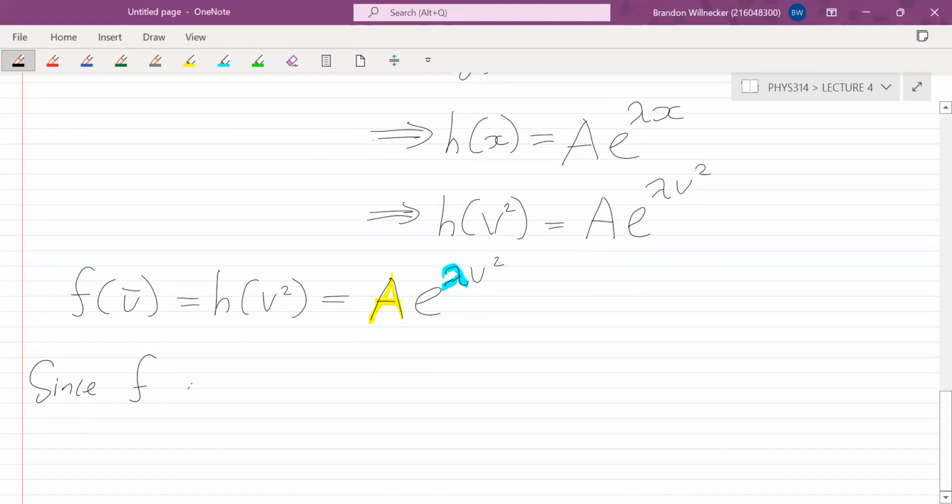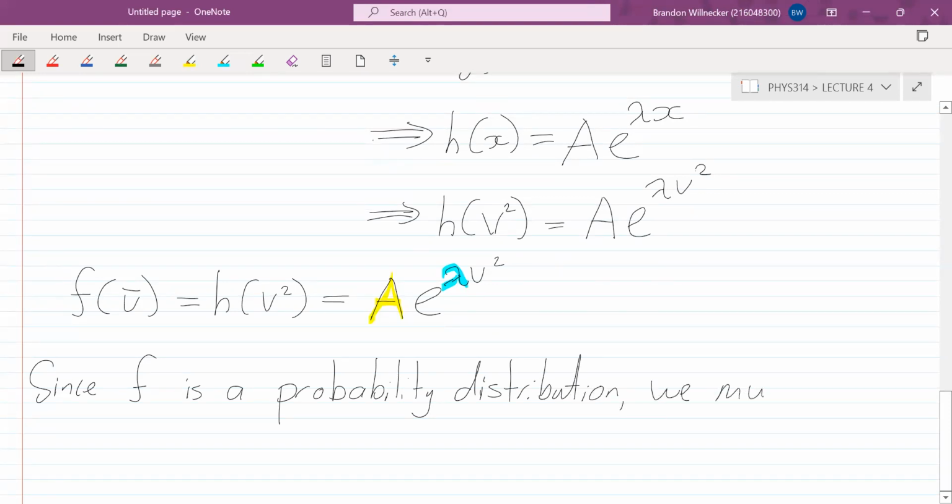So since f is a probability distribution, we must be able to normalize it, like you normalized your wave functions in quantum mechanics, a very similar thing here.